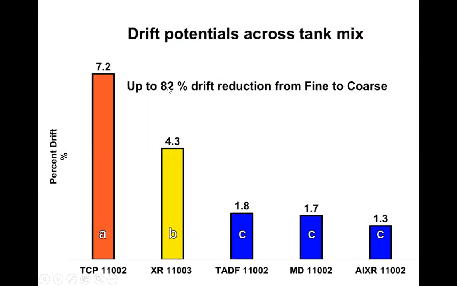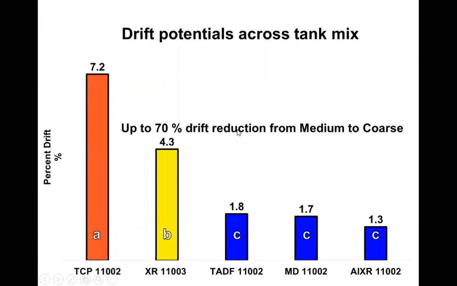Their data shows that if you use a coarse droplet nozzle instead of a fine nozzle, you will reduce drift by up to 82%, from the red bar down to this purple bar here. So you reduce 82% of the drift going from fine to coarse.